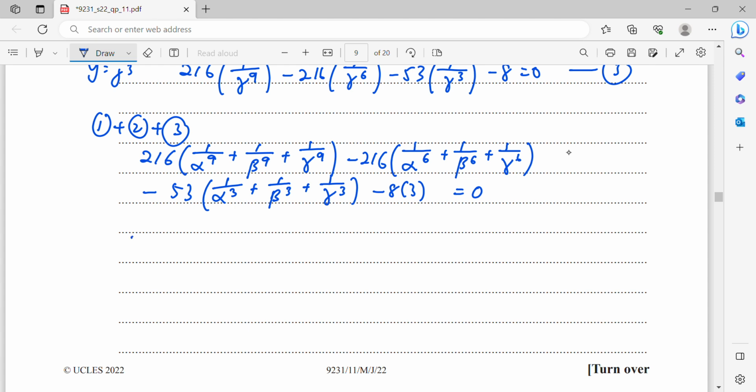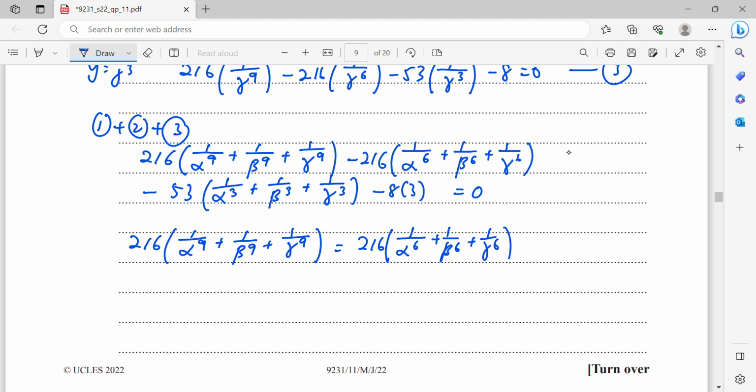So it will be 216 of all this, equals 216 times the sum of 1 over alpha 6, beta 6, and gamma 6, then plus 53 times 1 over alpha cube plus 1 over beta cube plus 1 over gamma cube, then plus 24. 8 times 3 is 24.